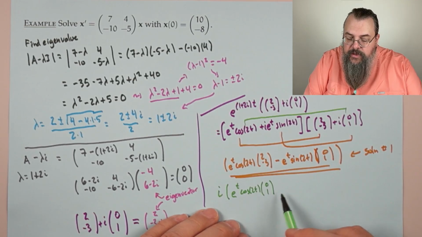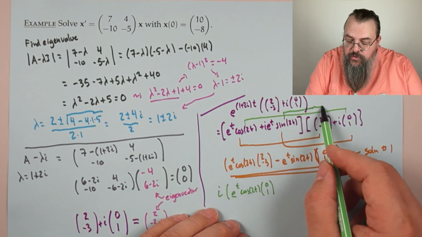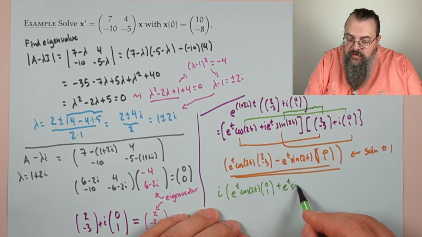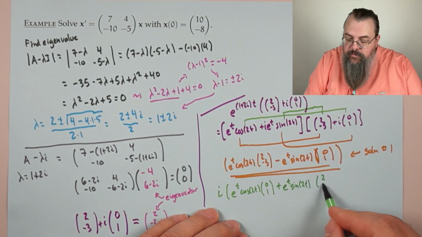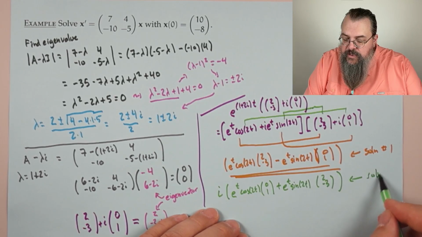And then we're also going to have plus e to the t sine 2t times 2, minus 3. All right, so here's solution number 2.